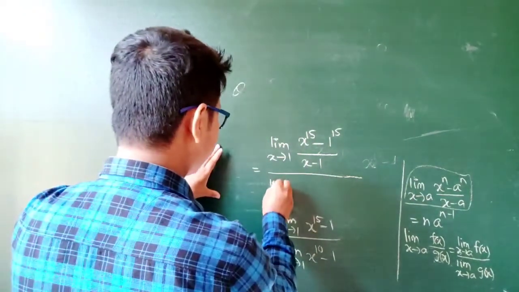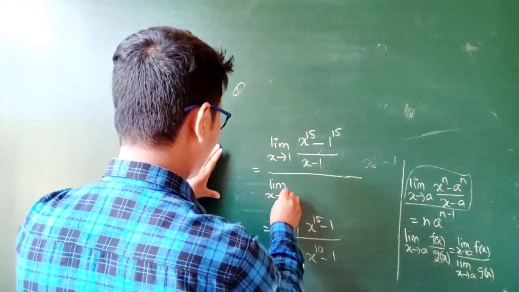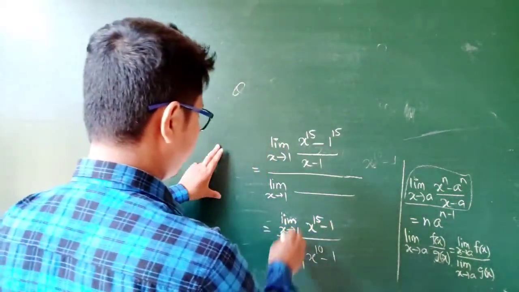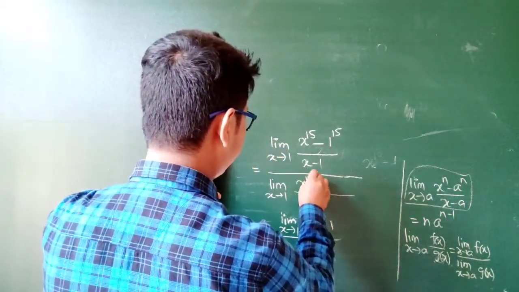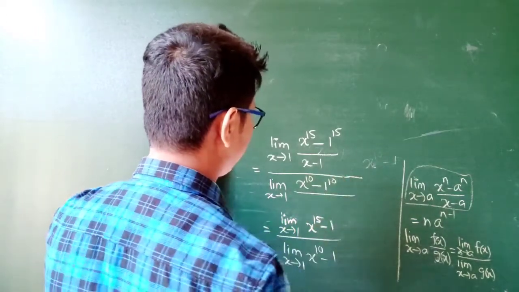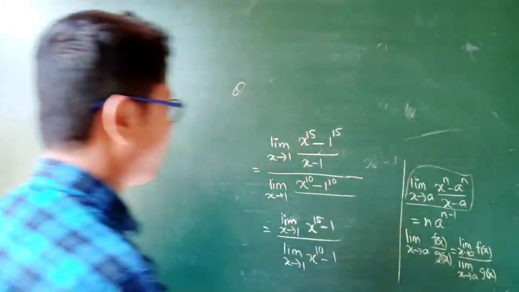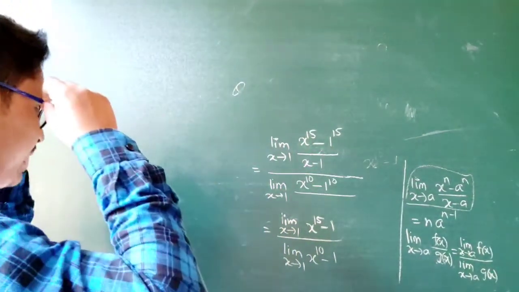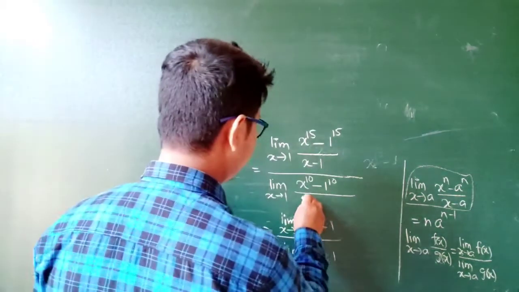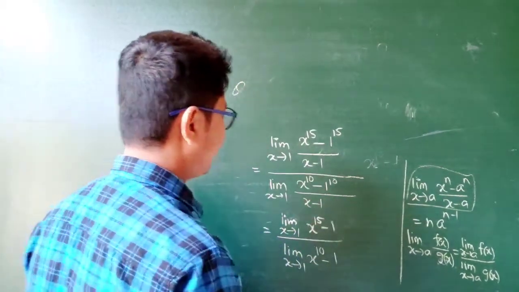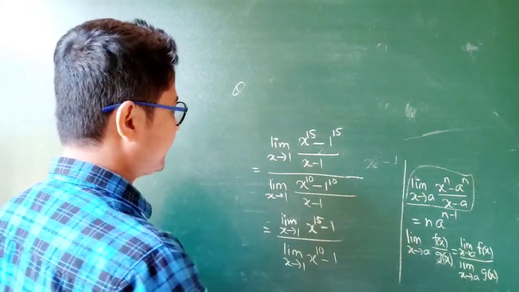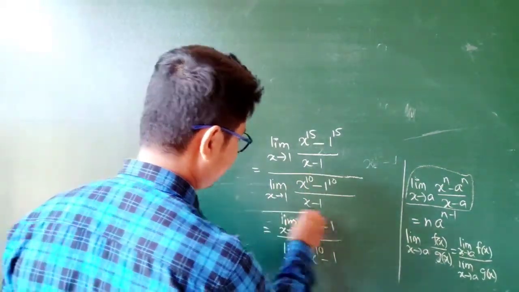Now in the similar way we can write the denominator also. So how we write, look at this, x to the power 10 minus, so 1 can be written as 1 to the power 10. Why? If you write 1 to the power 10, again it will give you 1, divided by x minus 1. So now look at this term and this term, they will be cancelled out, again you will have this form.